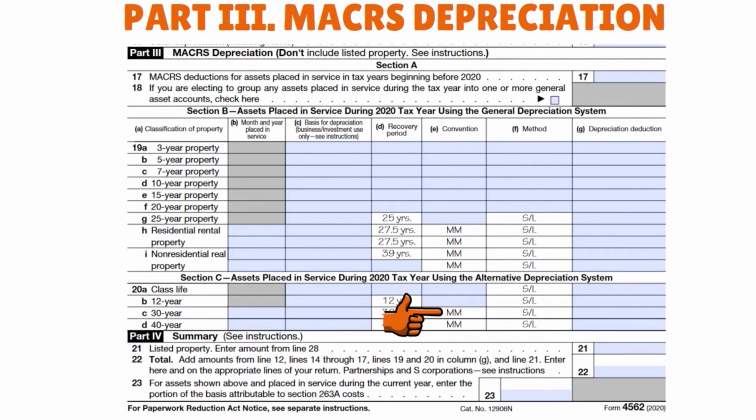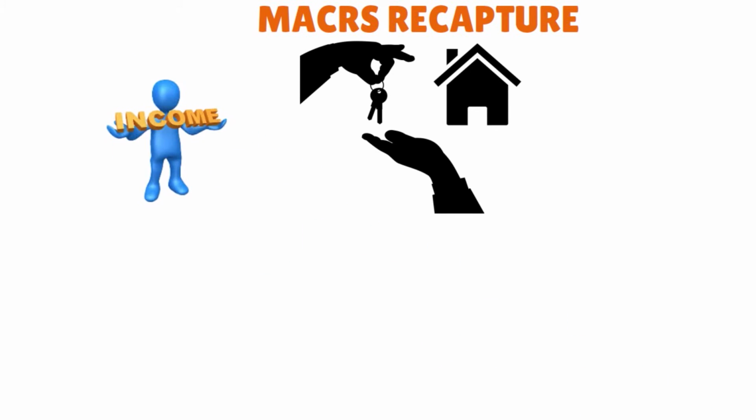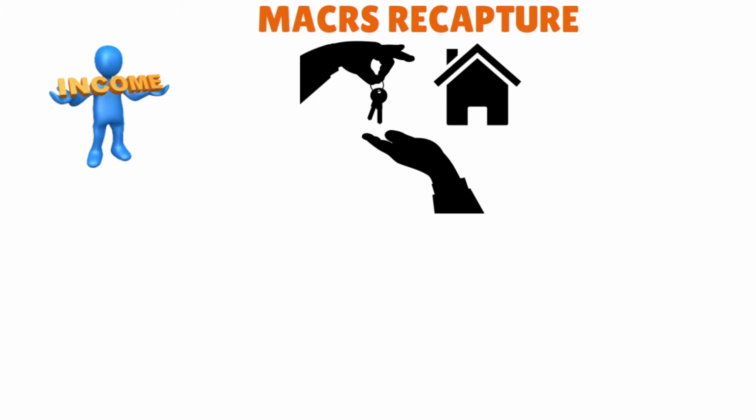So what else do we need to talk about here? This is very important. And one thing I also need to mention before moving on here is that you have something called MACRS recapture. So if you later dispose of property you depreciated using MACRS, any gain on the disposition is generally recaptured, in other words, included in income as ordinary income up to the amount of the depreciation previously allowed or allowable for the property.